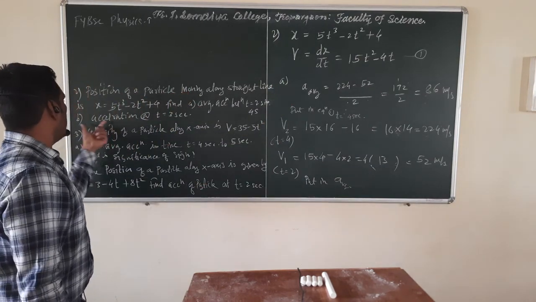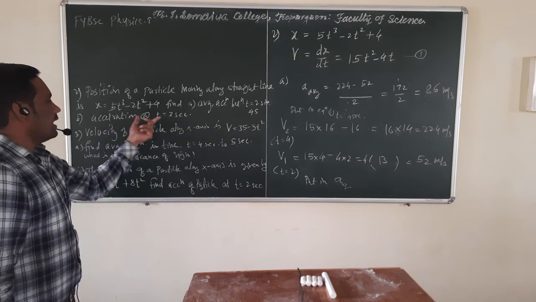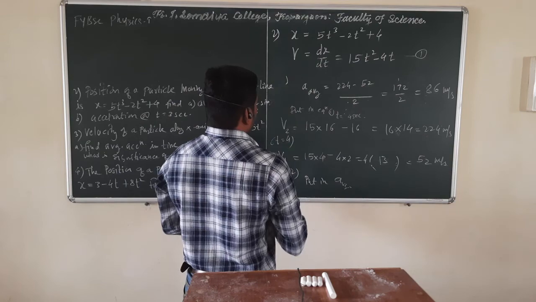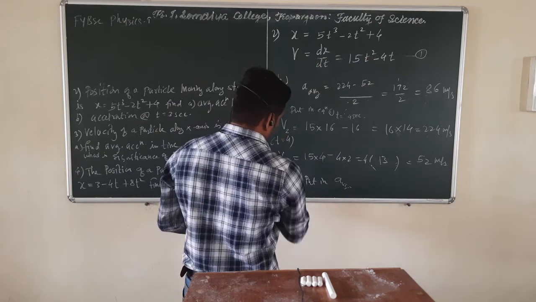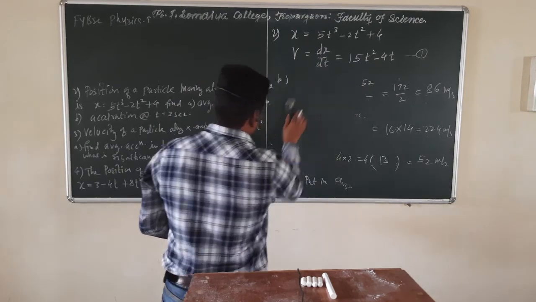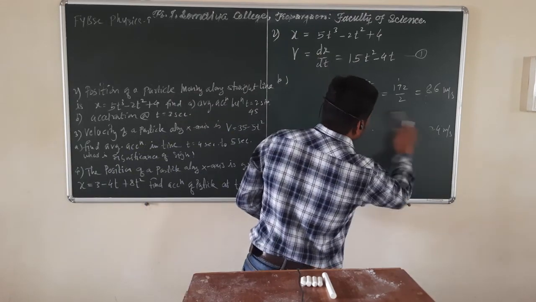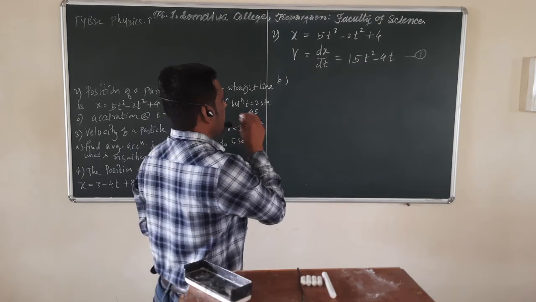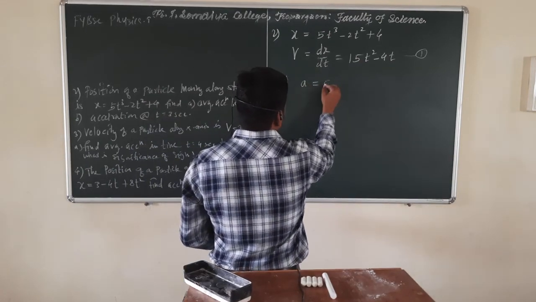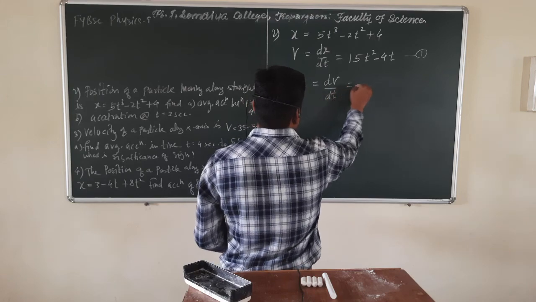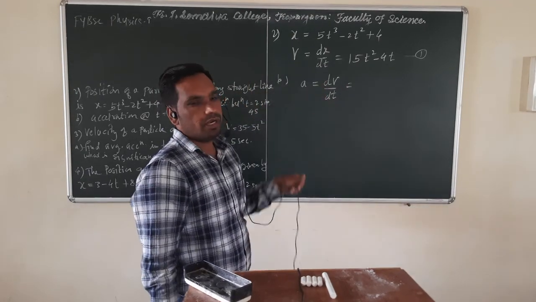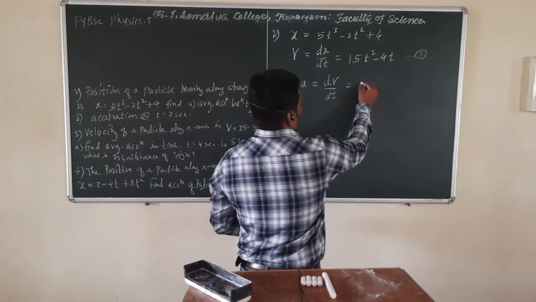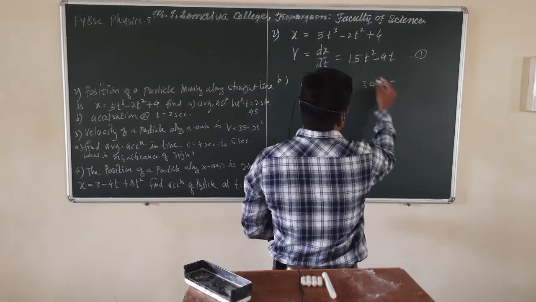Now we have to solve b part, which is acceleration at t equal to 3 seconds. In b part, we know that acceleration is rate of change of velocity. So acceleration is nothing but dv upon dt. So again, differentiating this equation, we will get 30 into t minus 4.